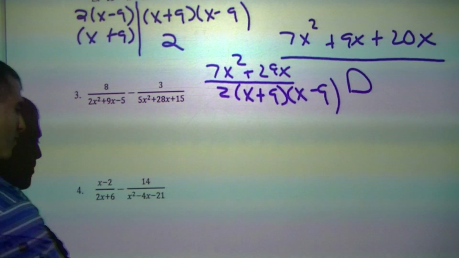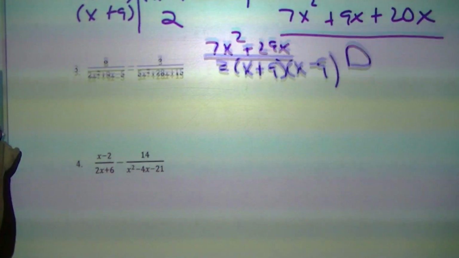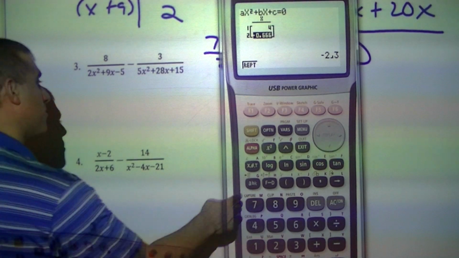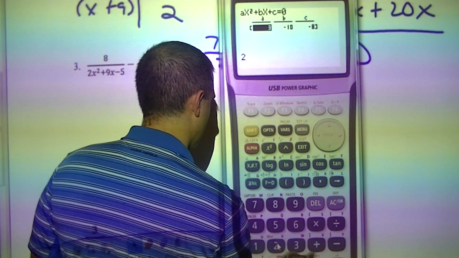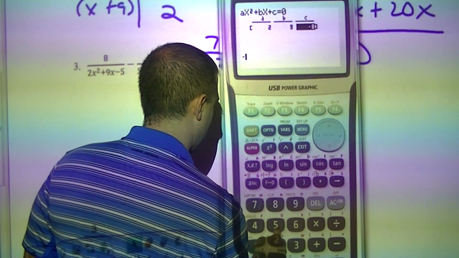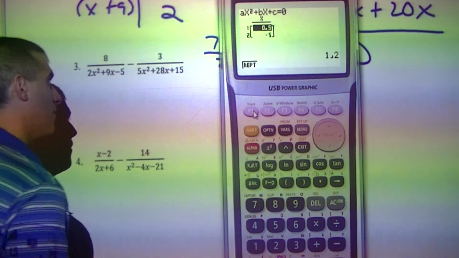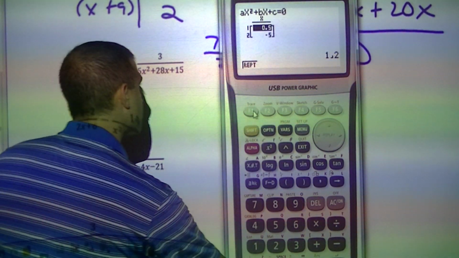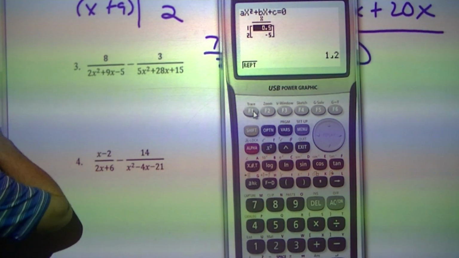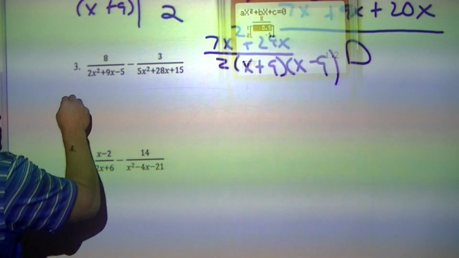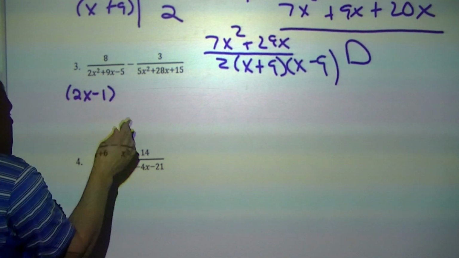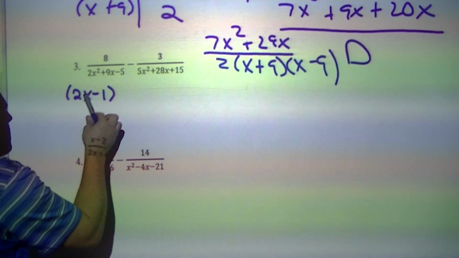Once again, I'm going to go ahead and use equa for this. So 2, 9, negative 5. Solve. I'm going to have 2x minus 1. So I got 2x minus 1, x plus 5 on this side.